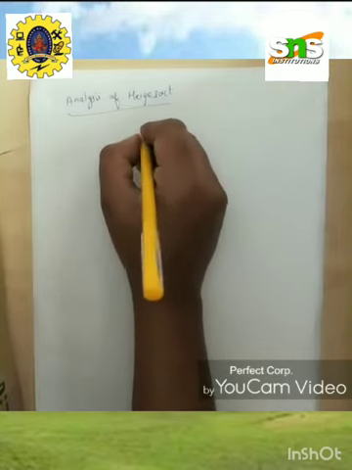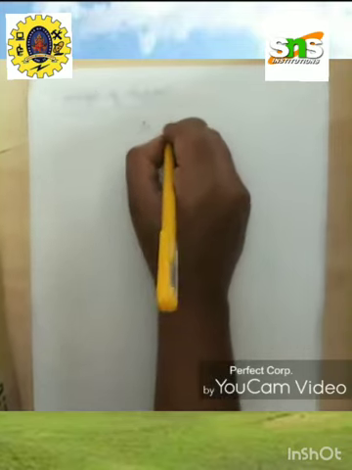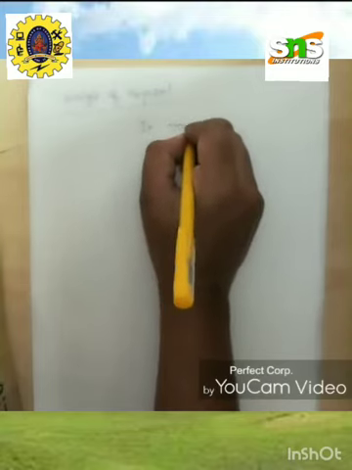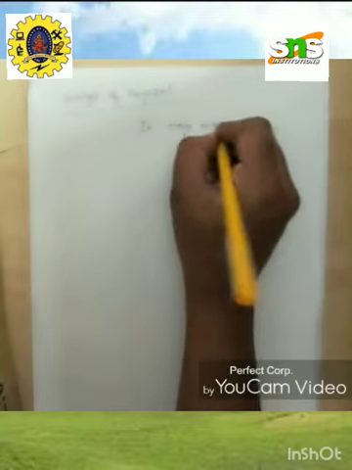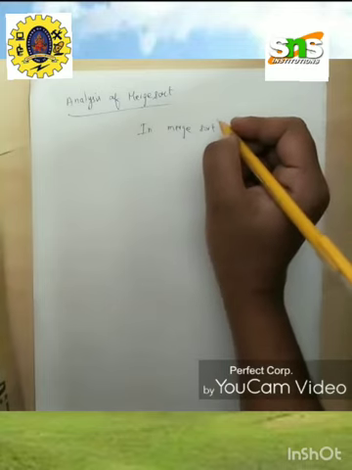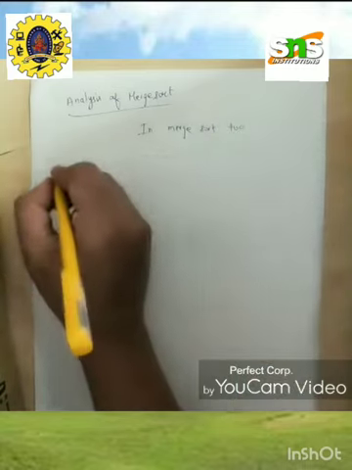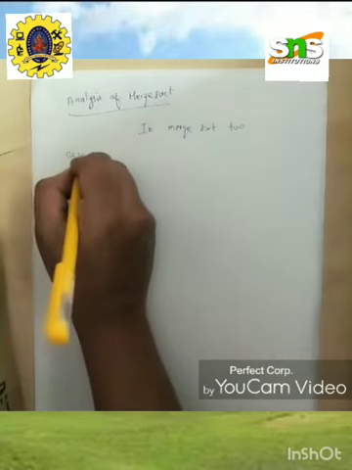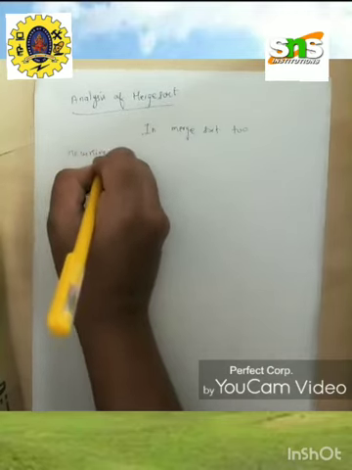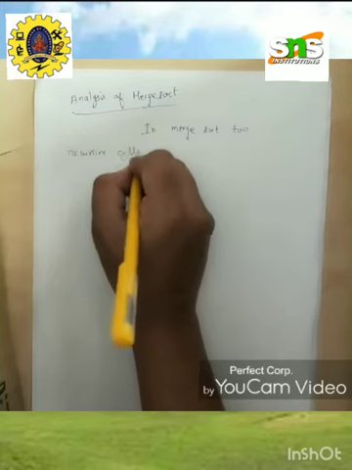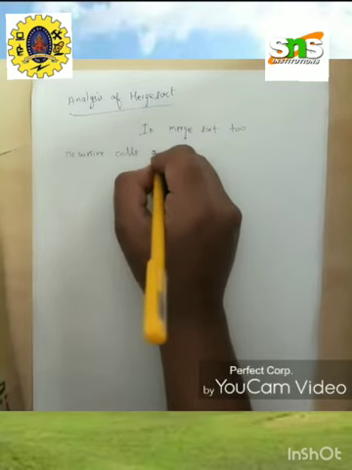So in merge sort, two recursive calls are made.